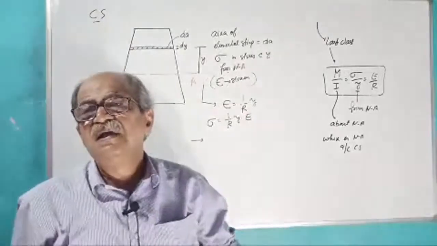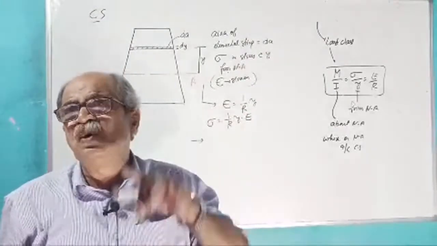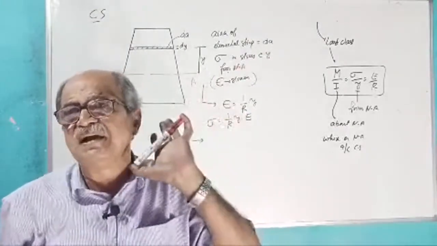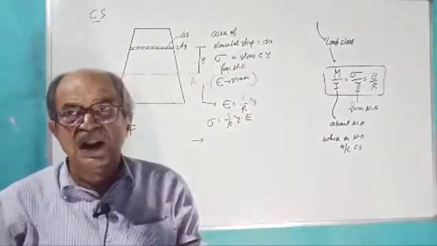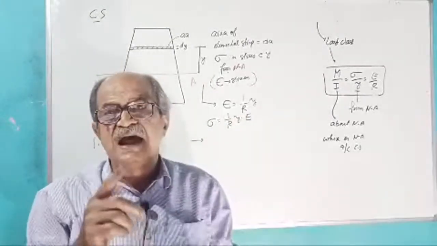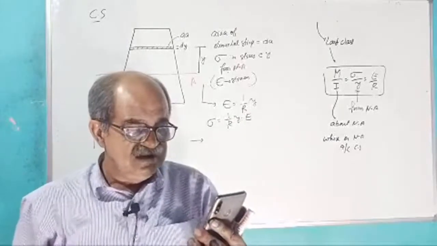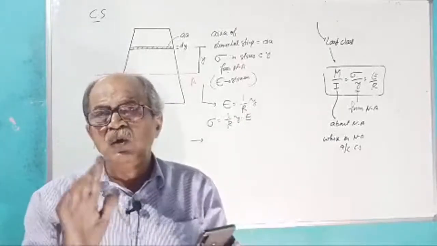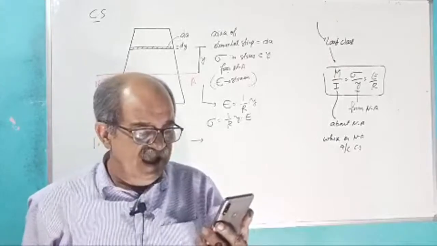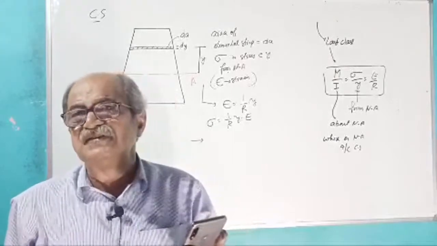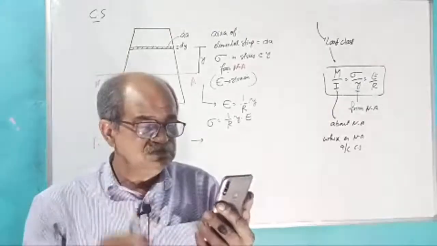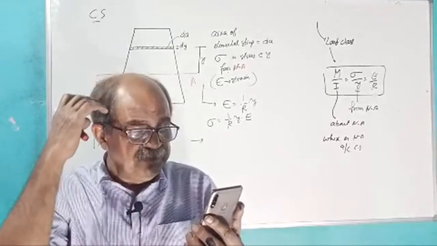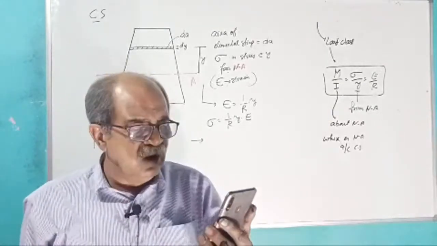Majority are knowing the neutral axis passes through the centroid of the cross section. Tell yes or no? The neutral axis passes through the centroid of the cross section. That you are knowing, yes, it coincides with the centroid axis, correct. But is it proved? No. Is it proved now?